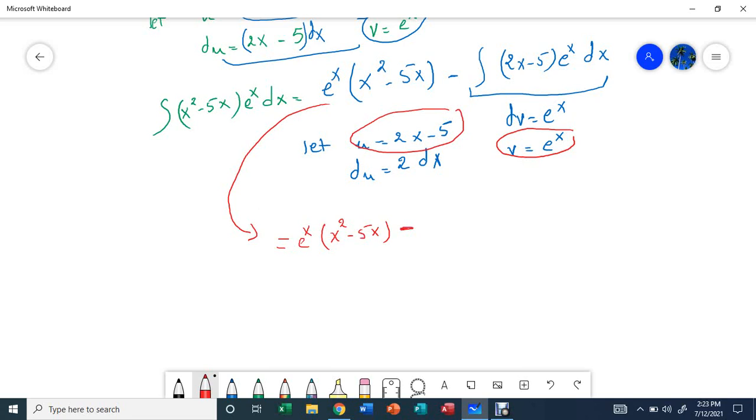So minus, bracket here, u times v, so that's 2x minus 5 times e to the x, minus the integral v du, which is minus e to the x times 2 dx.